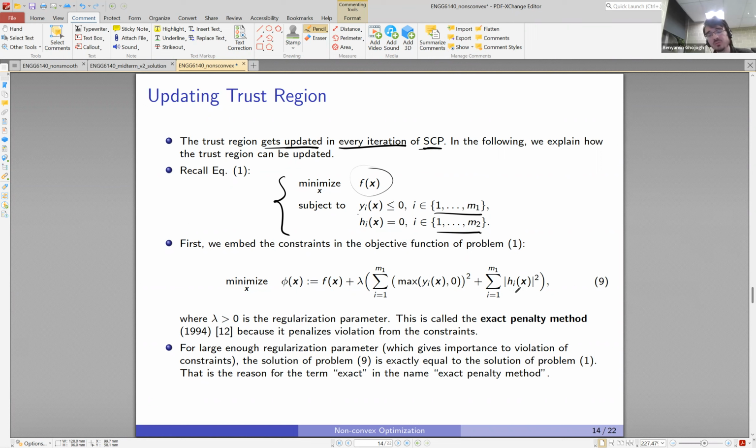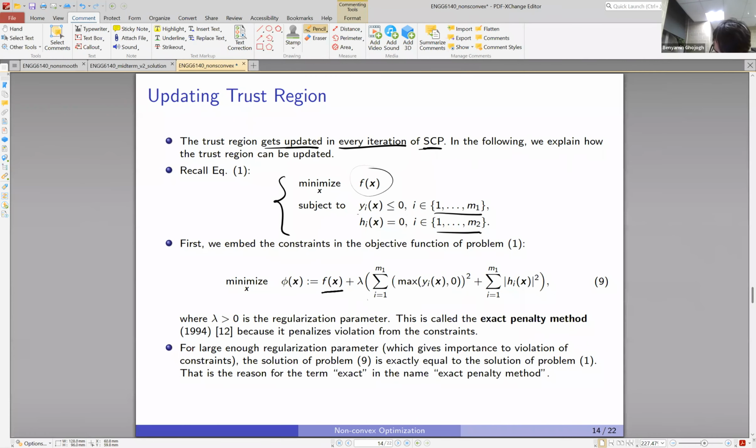Do you remember one technique in optimization was soft penalty, where we are embedding the constraints into the cost function, similar to the approach that we had in Lagrangian? Okay, so now minimize phi of x, which is the regularized cost function, where the cost is this, and we have a regularization term or a penalty term.